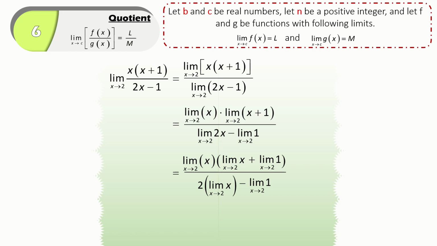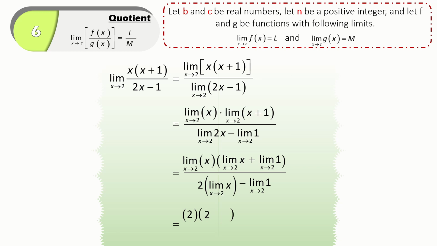Apply the identity property to the first factor of the numerator, which is the limit of x as x approaches 2 is 2. Apply again the identity property to the second factor, which is the limit of x as x approaches 2 is also 2.